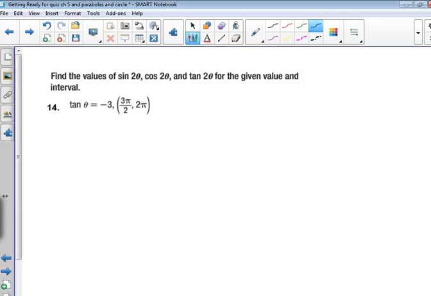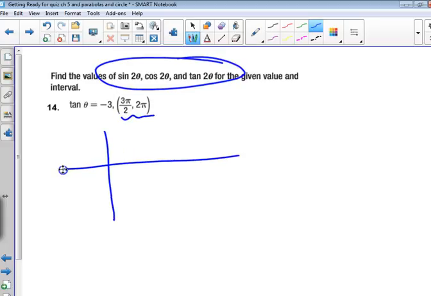Okay, 14 is kind of long and painful, and it's not going to ask you all of these, but it could ask for any one. What quadrant are we in? 3π/2 to 2π is quadrant 4. How do I draw a tangent of −3?